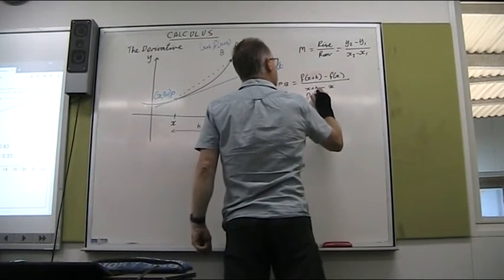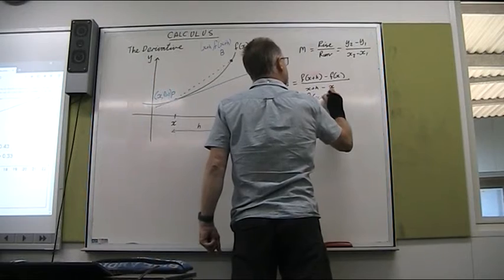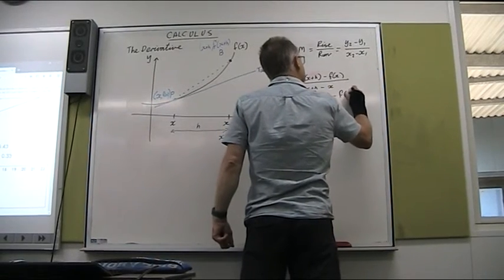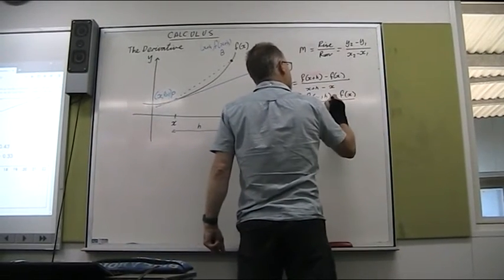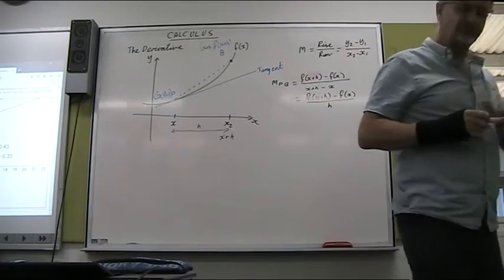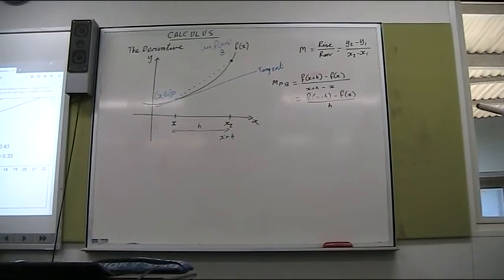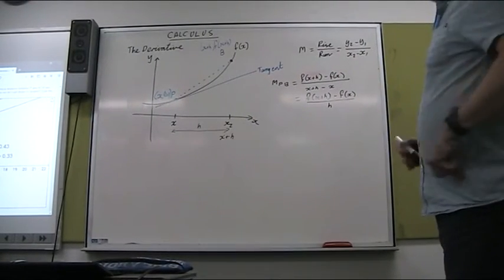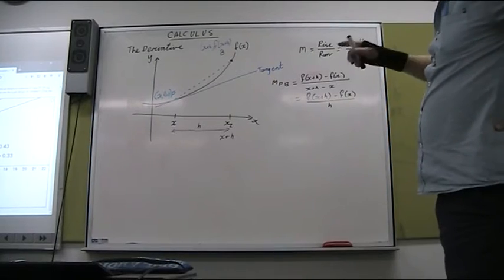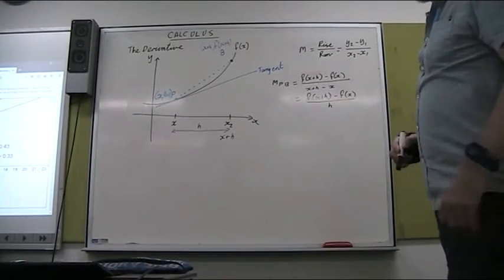So that comes to, the denominator is just that h. And so that's our gradient from P to B.